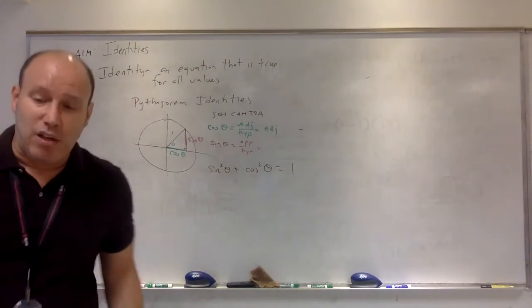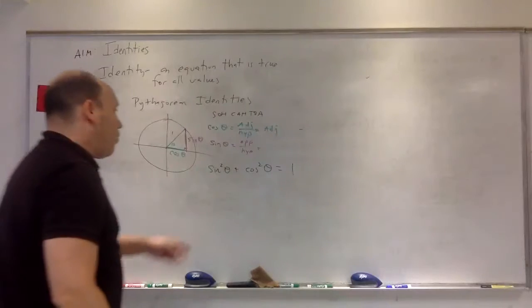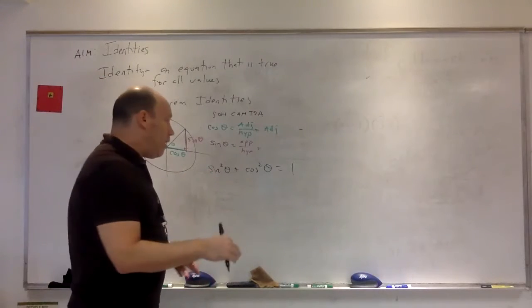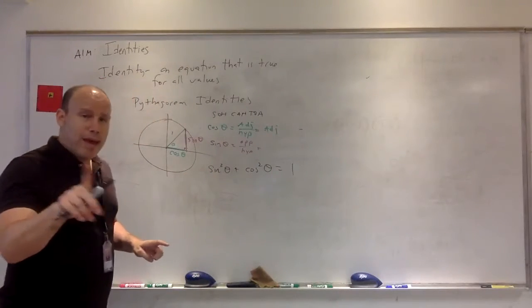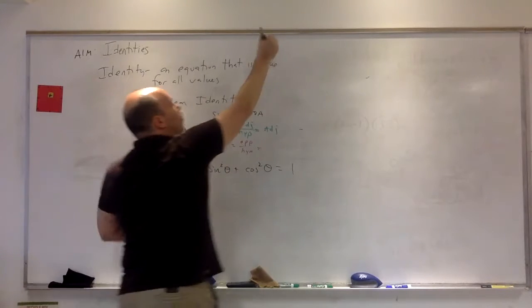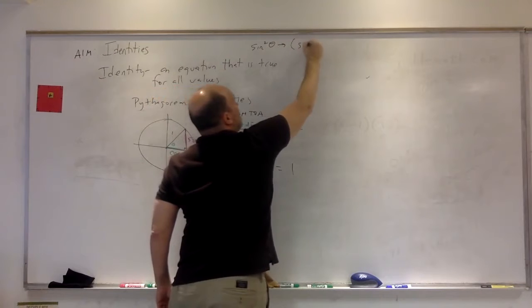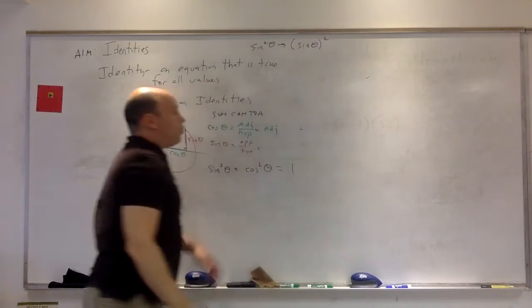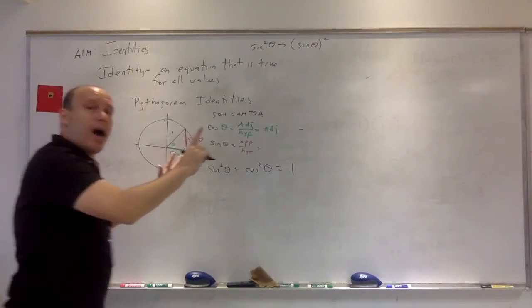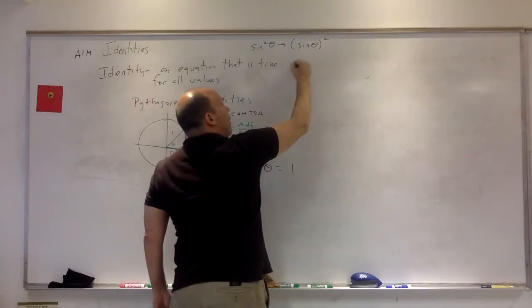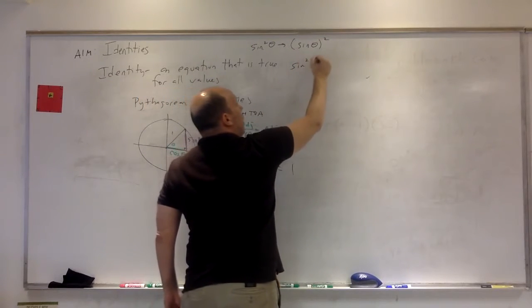It's just notation. So square it: it's 1/2 squared, or 1/4. So this is the first identity, and what we can do is manipulate it around.